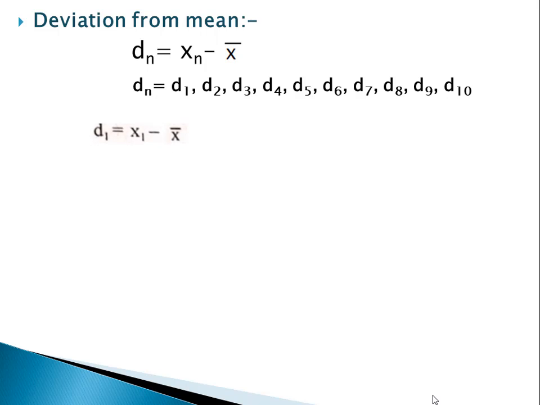So d1 becomes x1 minus x bar. Substitute the values of x1 and x bar, and we get d1 as minus 0.1 ohm.